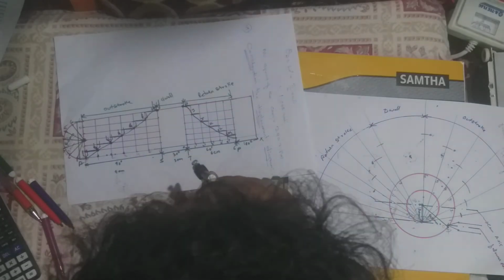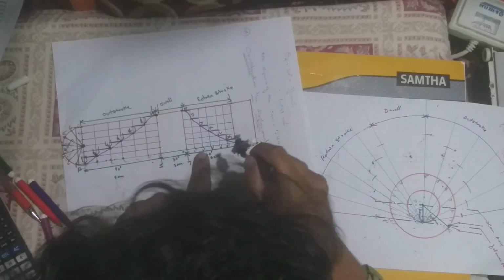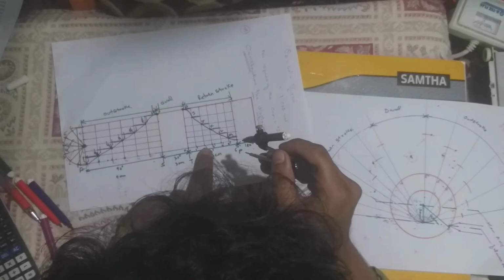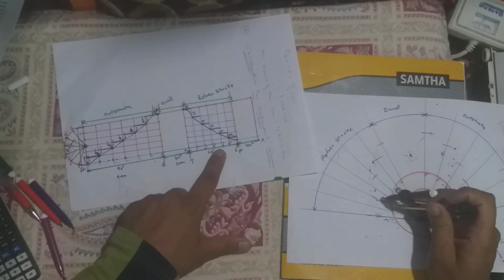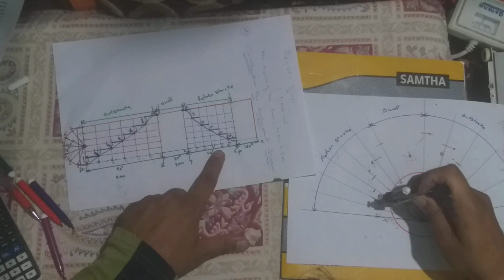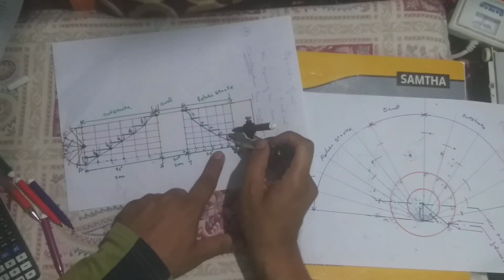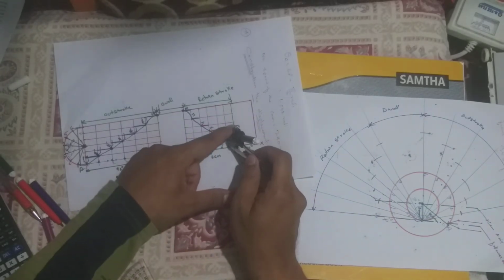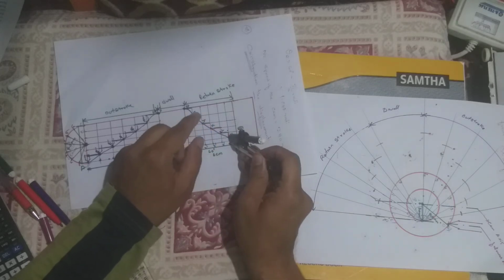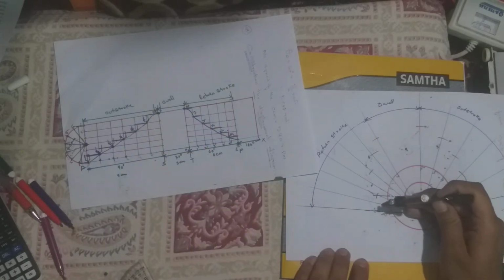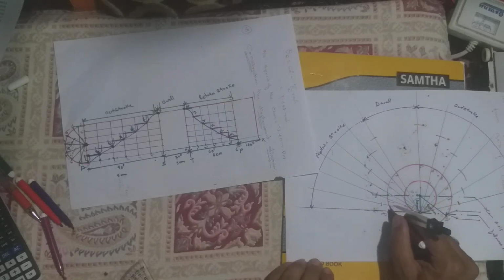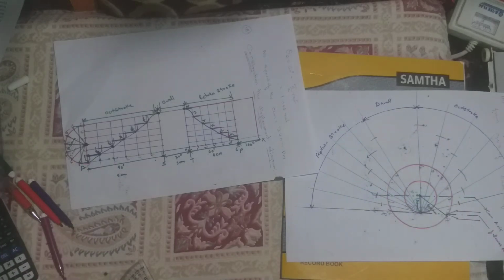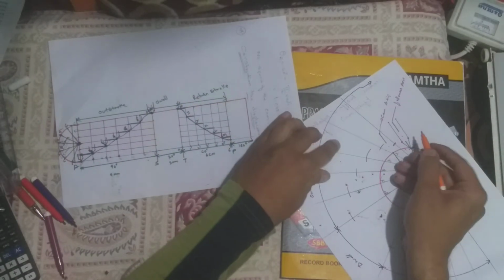Which line am I taking? Then next 5 to 1 is there, that is a small one, and the last one is here only. Make the smooth curve.